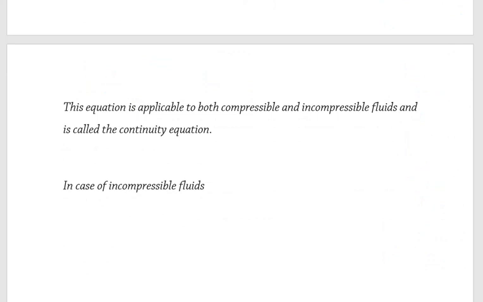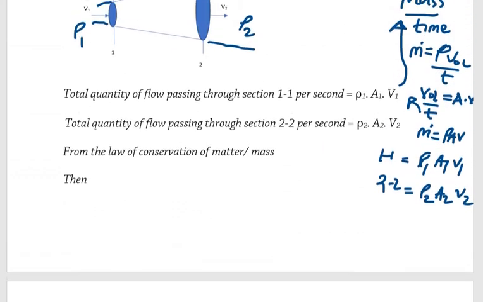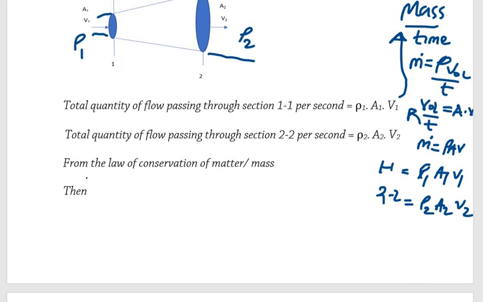Having understood that, let us recall the law of conservation of mass: the mass per unit time through section 1-1 is equal to the mass per unit time through section 2-2. In other words, if m dot is the mass per unit time at 1-1, it will equal the mass per unit time at section 2-2.